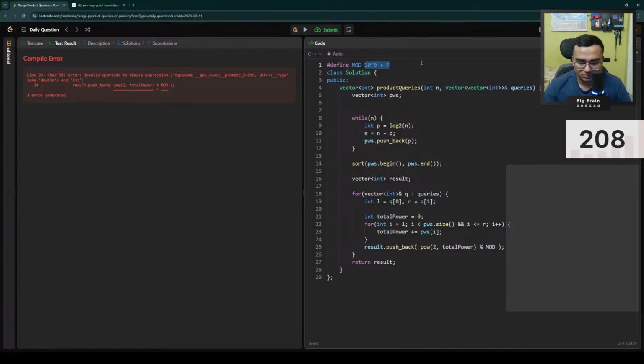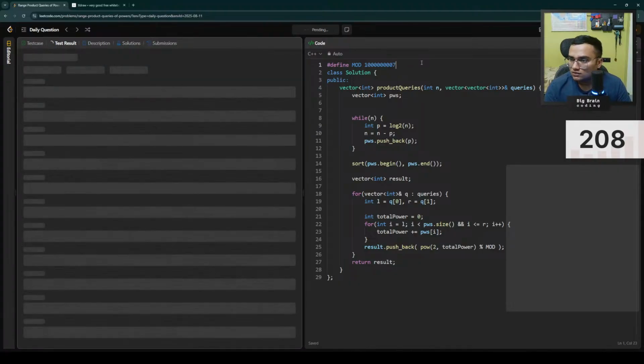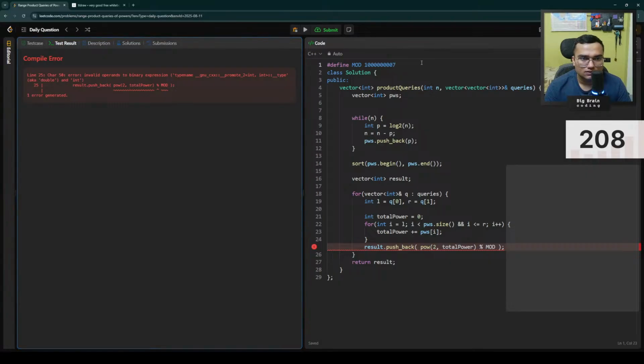Let's just keep it simple. Invalid operands to binary expression. Power of 2 to the power mod this. Invalid operands to binary expression pow.